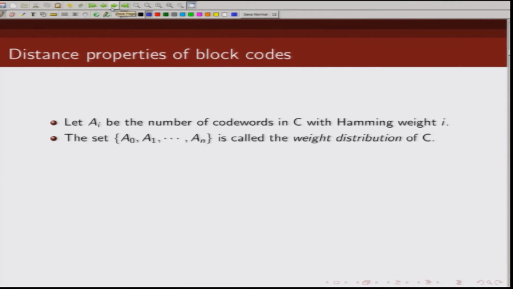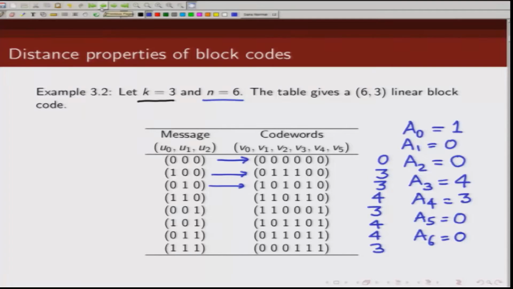Now, this set, which describes how many code words we have of a particular weight, is known as the weight distribution of a linear block code C. For this block code, the weight distribution is given by this. This completely specifies the weight distribution of this particular 6-3 linear block code.